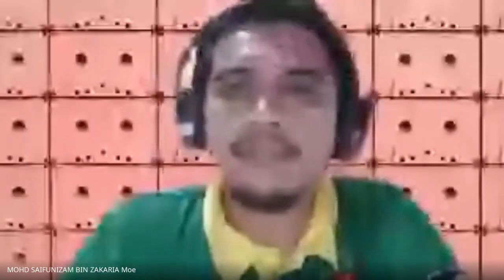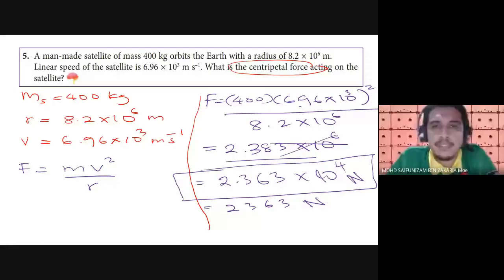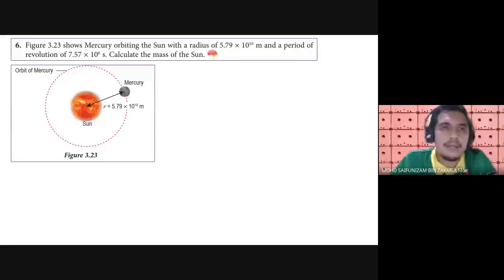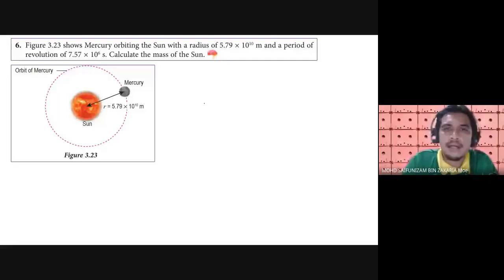Okay, any question before we proceed to the next question for this exercise, the last question? No. Okay, so question number 6, the last question for this practice. Figure 3.23 shows Mercury orbiting the Sun with the radius R equal to 5.79 times 10 to the power of 10 meter.